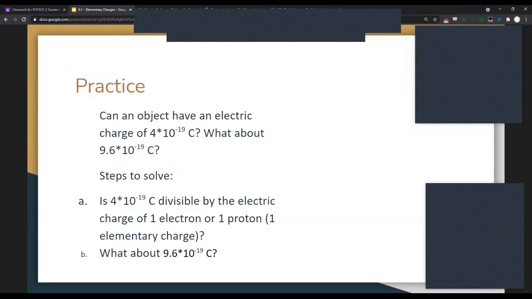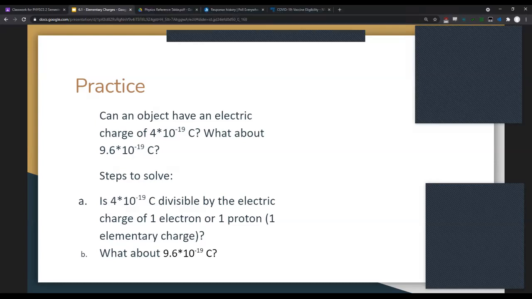Now, this question. Before I read this question, what do you guys remember about something that is possible or impossible? What is it impossible to have? Is it possible to have 2 electrons?